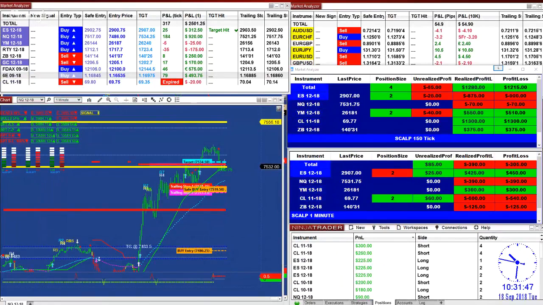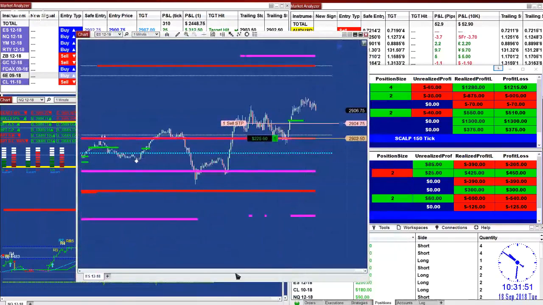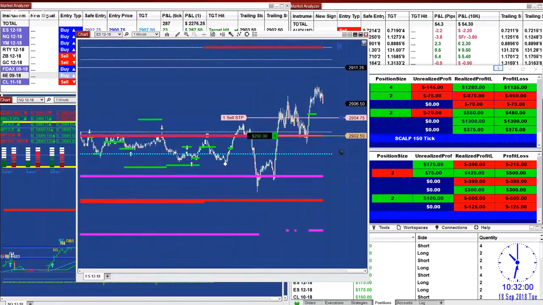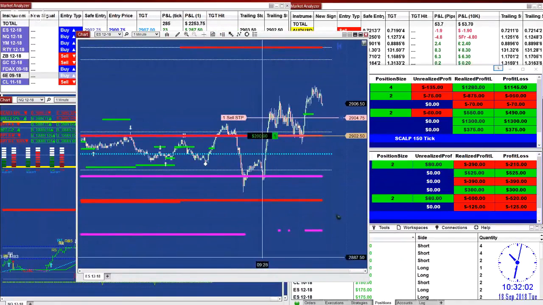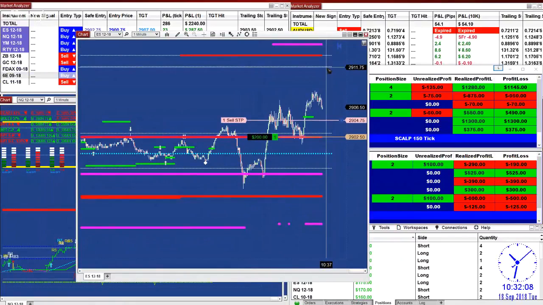For the ES, the one we called, we have a little pullback right now, and the stop loss we use is 904. So if you are happy with what you got, you can exit. Or if you would like to continue on that trade, we are expecting to be at 1211.75 to 1212 to exit.